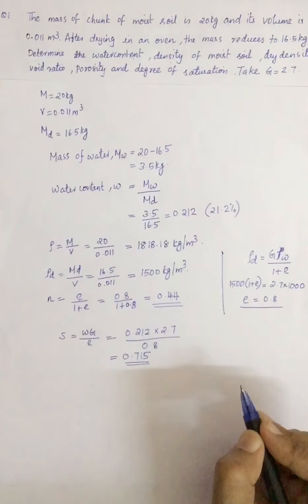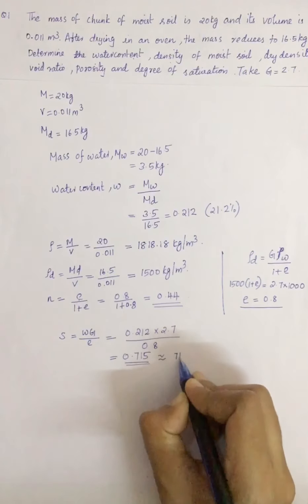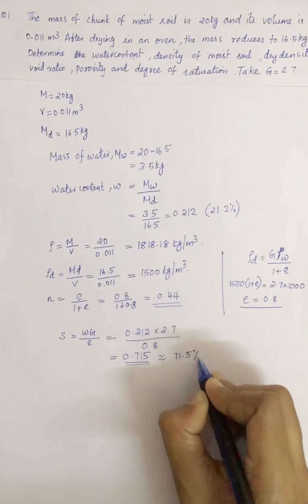Normally the degree of saturation is expressed in percentage, so you can write it as 71.5%.